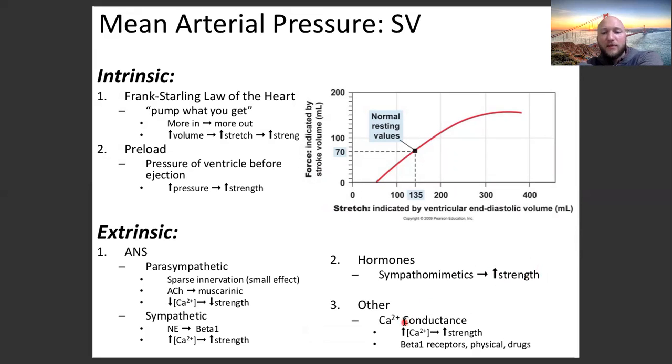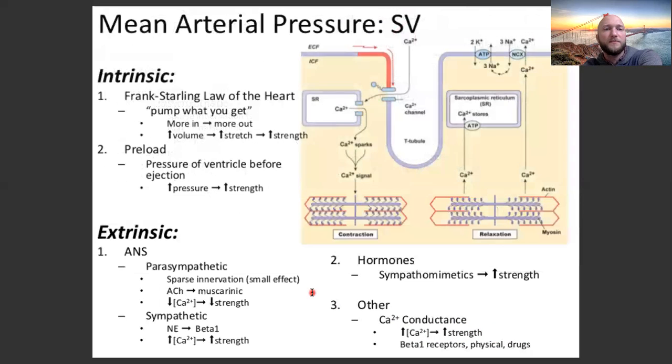Calcium conductance, basically if you have an increased amount of calcium in your muscle cells, you'll have an increased strength of contraction. It could be due to drugs, anything that increases that calcium concentration is going to increase the strength of contraction. Right here, we're seeing calcium concentration allows for cross-bridging, allows for contraction of the muscle cell.